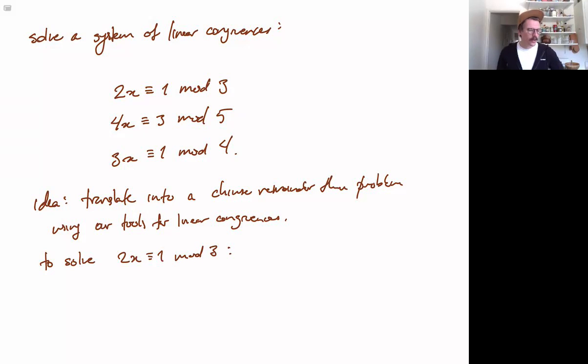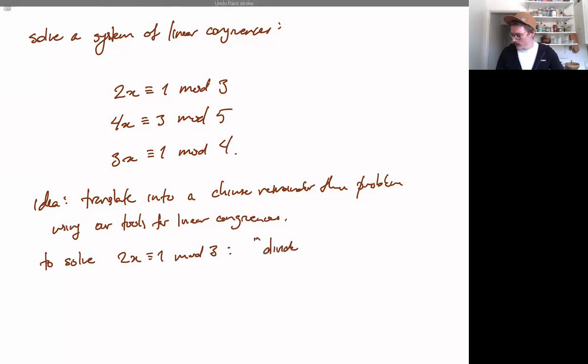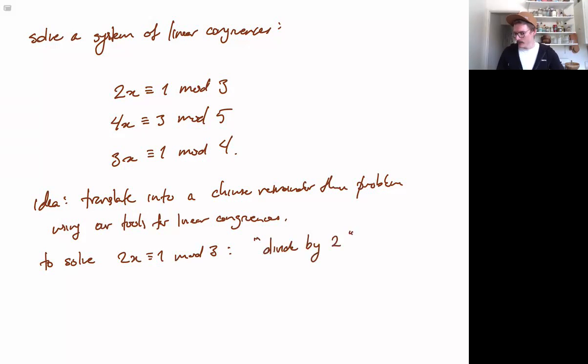So remember, I want to draw this analogy with solving a linear equation. If this were an equation, we would solve for x by dividing both sides by 2.